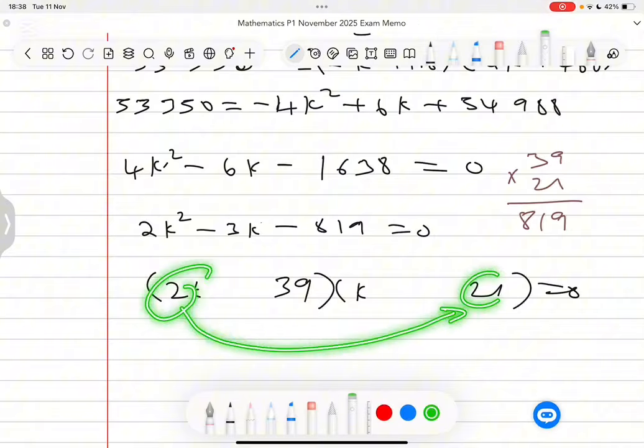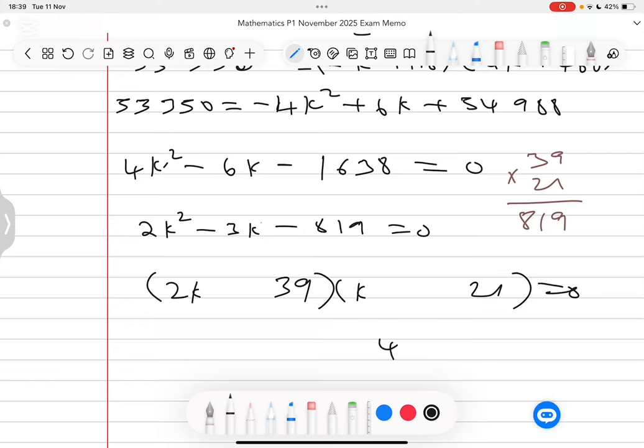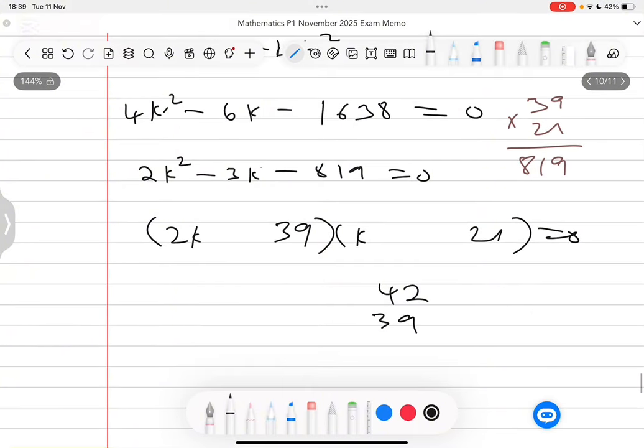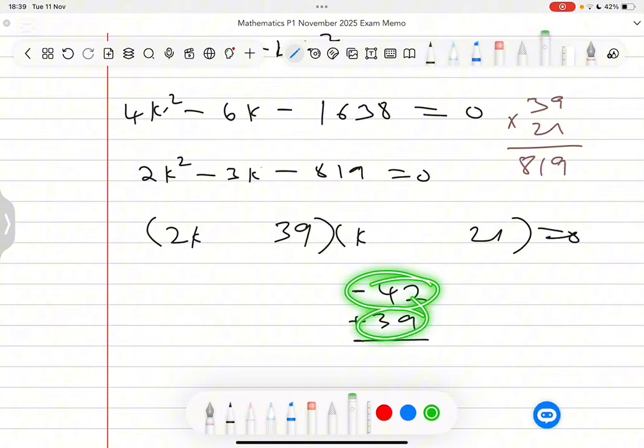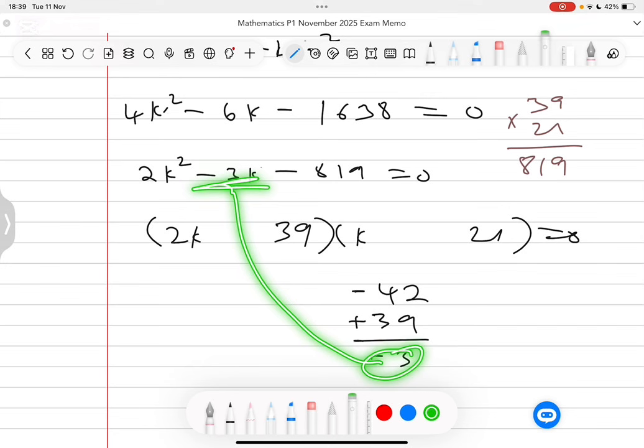Because 2 times 21 gives us 42, and 39 times k gives us 39. But now I want to combine these two numbers so that I have a negative 3 here. This has to be negative and this has to be positive, because negative 42 plus 39 gives you negative 3. And this negative 3 is this one here.